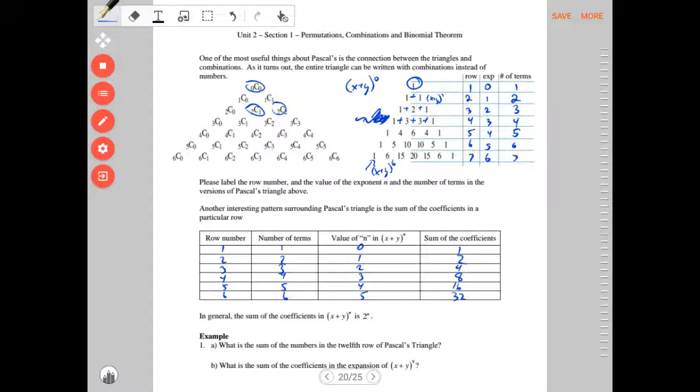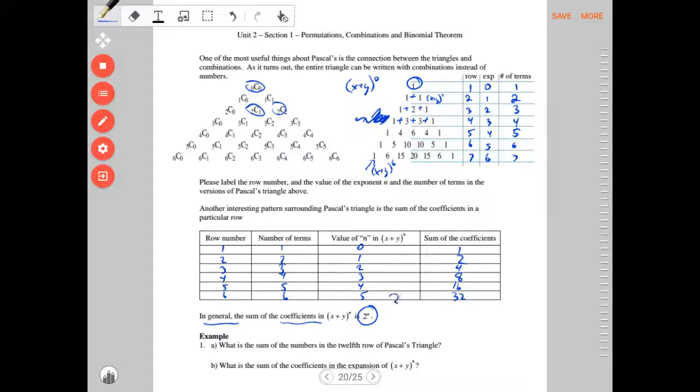In general, the sum of those coefficients is 2 to whatever the exponent is. 2 to the 5th is 32. 2 to the 4th is 16. 2 to the 3rd, sorry, did I ever say that wrong?